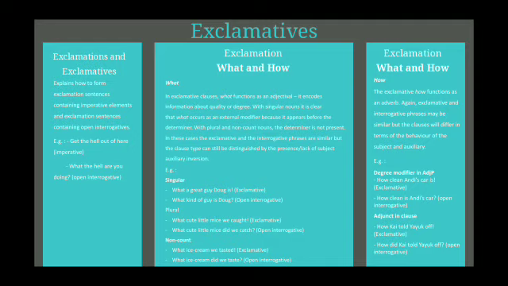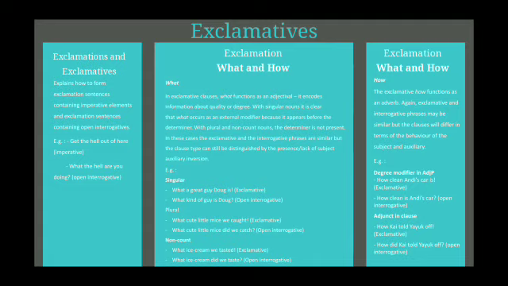With singular nouns, it is clear that what occurs as an external modifier because it appears before the determiner. And then with plural or non-count nouns, the determiner is not present.